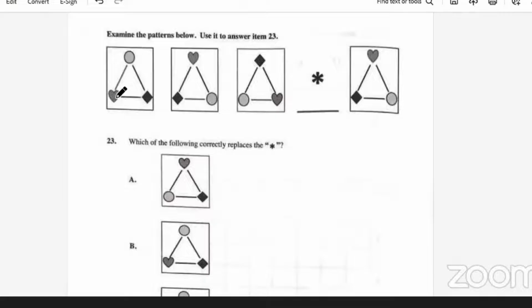So first we had the circle with a heart and diamond, then we have the heart, diamond. So if we look at these three shapes, then we can sense a pattern that's occurring. Different patterns there that we can use to identify what should be. So we have the circle, the heart, then the diamond. So again, based on the fact that here's a heart, I would see that we should have a circle here.